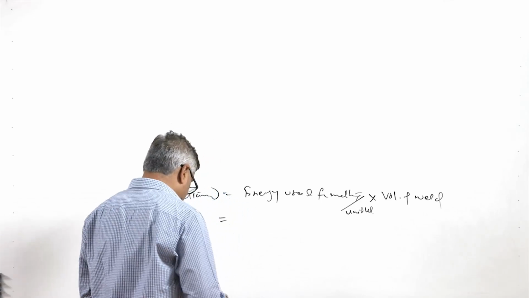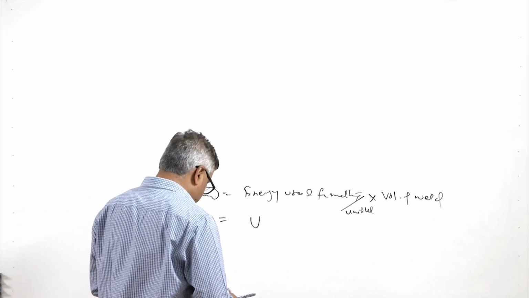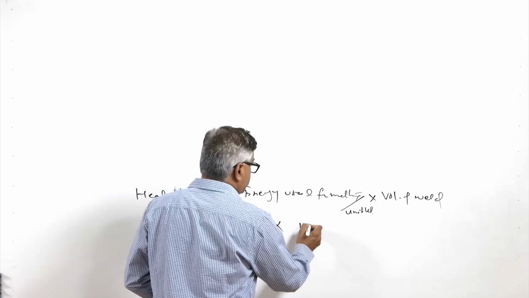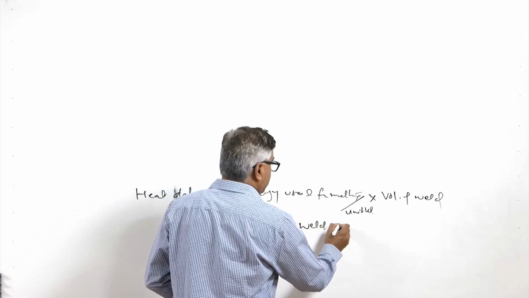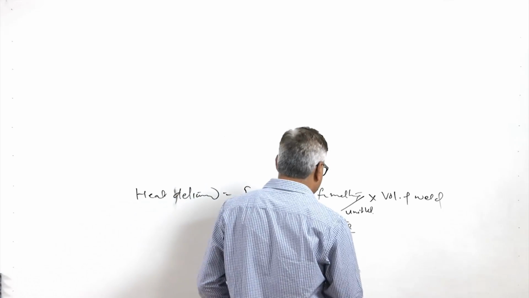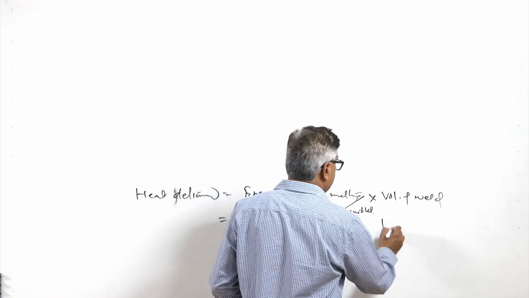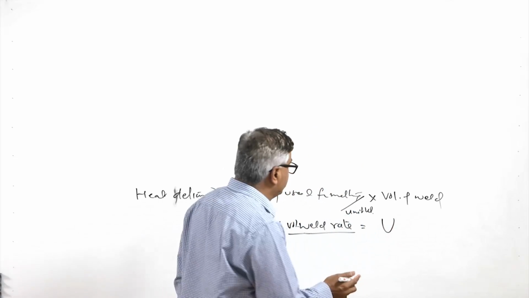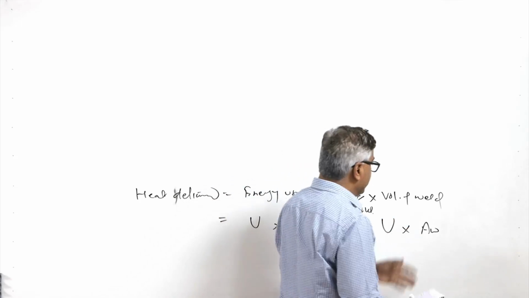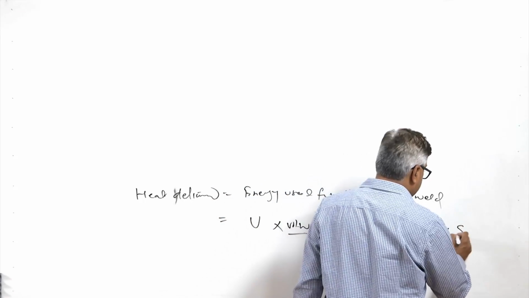So, U is the energy required for unit volume, multiplied by the rate at which the weld is being made, which is AW, the cross sectional area of the weld, multiplied by the speed of the welding, S.